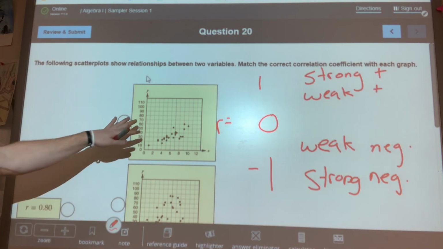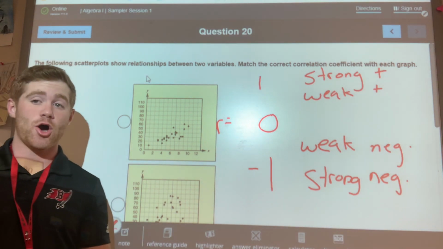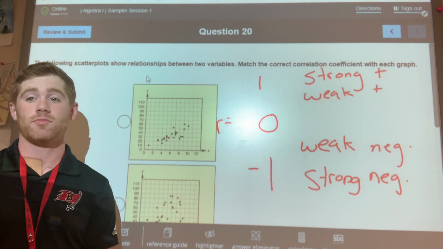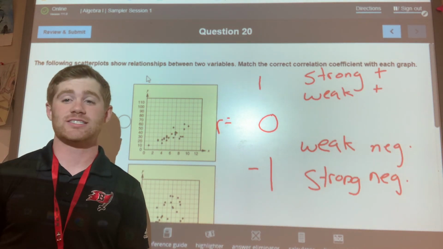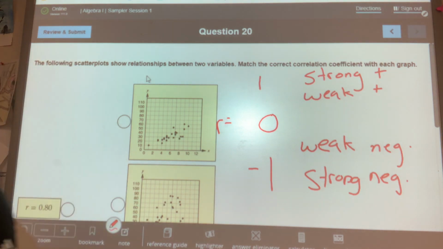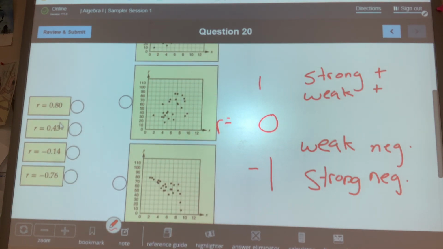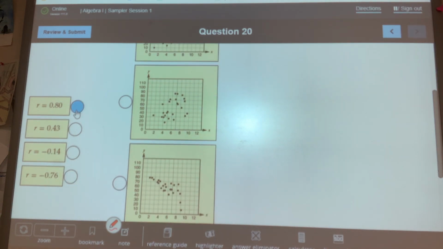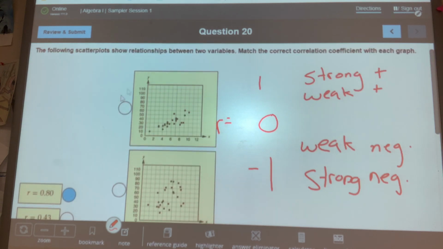If you look at this first one, and I said, hey, what kind of slope do I have here? You're absolutely going to say that is no doubt a positive slope. So if I look at my answers here, there's one of these that's definitely a positive slope.